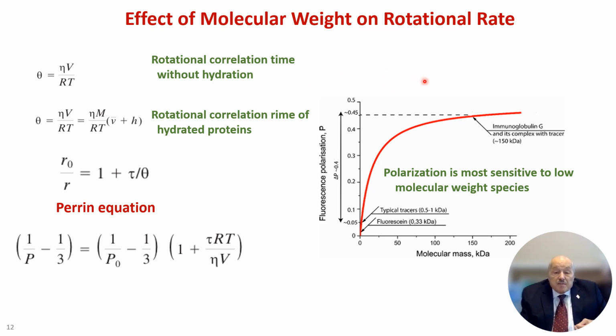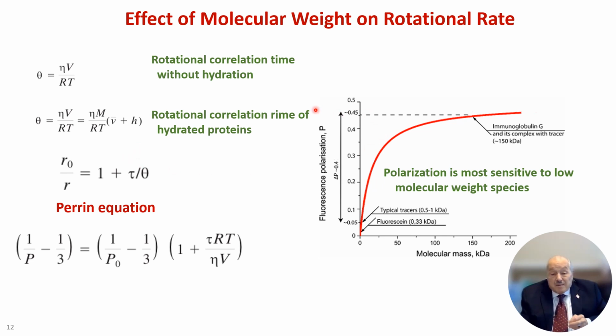So what we're really talking about is what is the effective molecular weight on doing these assays, and it's really what is the effective molecular weight on the rotational correlation time. And you can calculate this for a dry protein or a hydrated protein.